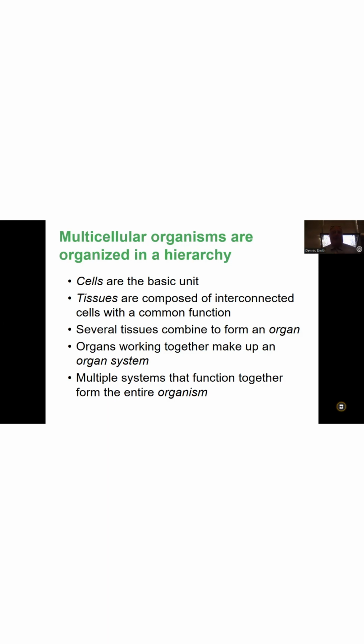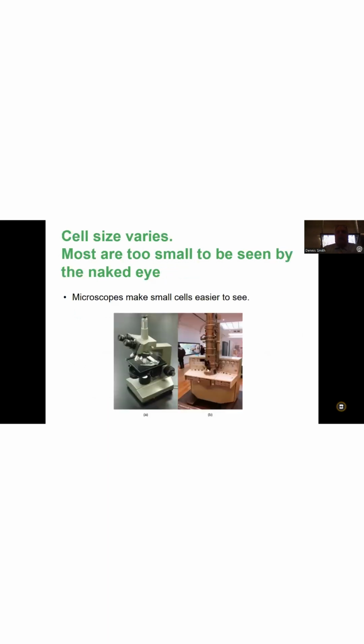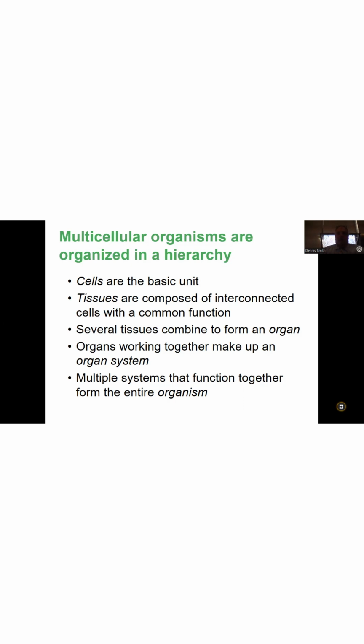They don't have that function. They weren't made that way. So you have the common function of cells that come together to form tissues, and ultimately, it's the tissues coming together that form organs: liver, kidney, lungs, heart, brain, skin, all of those things.